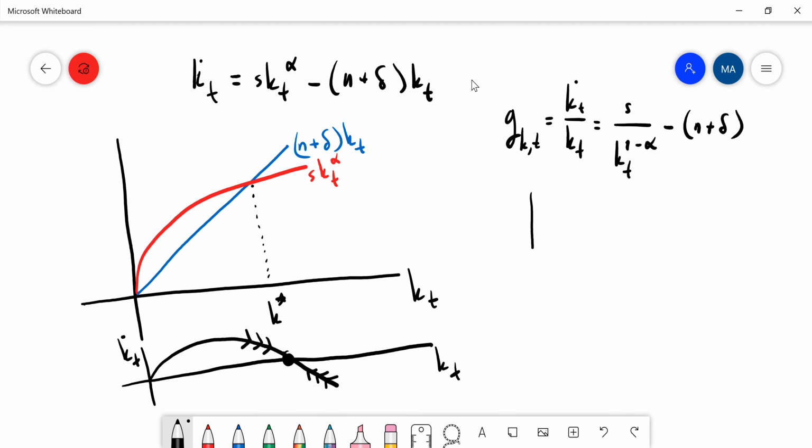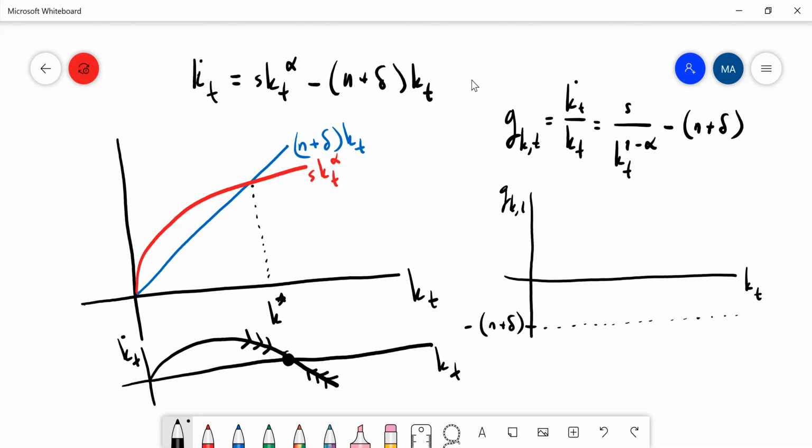So again, you can draw almost the same graph. Here you have minus (n plus delta). Okay. Here you have the growth rate. And the figure looks like that. Okay, so this is again k star. And again, it is stable.